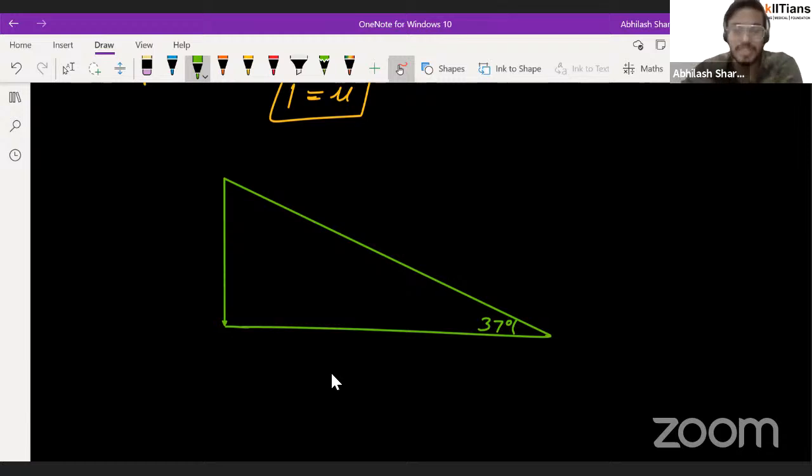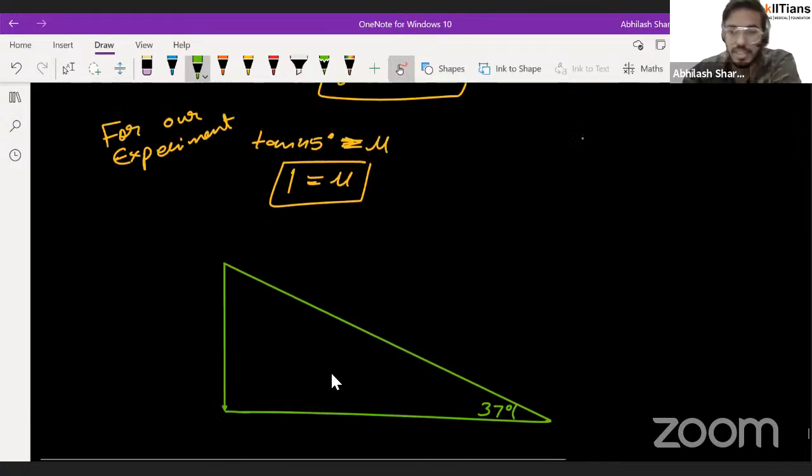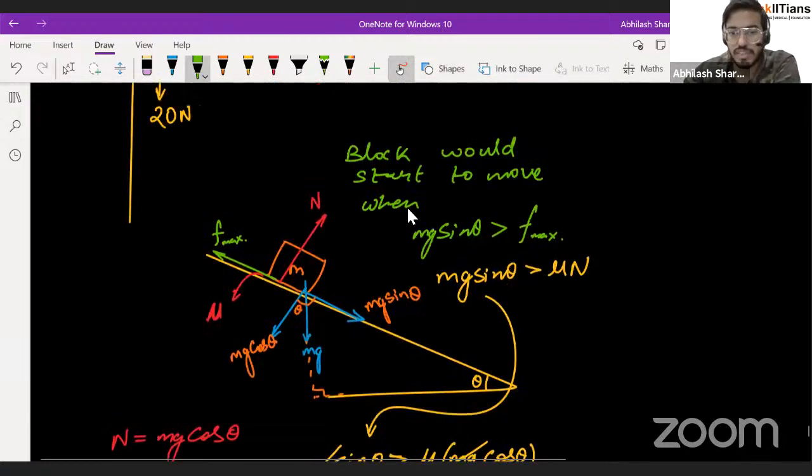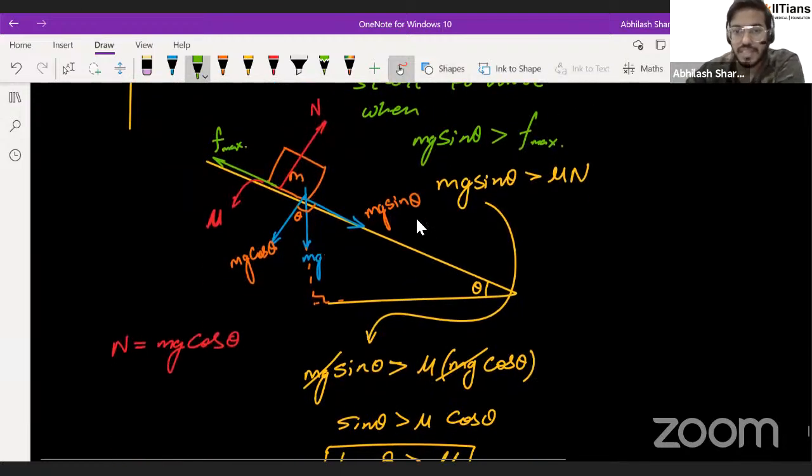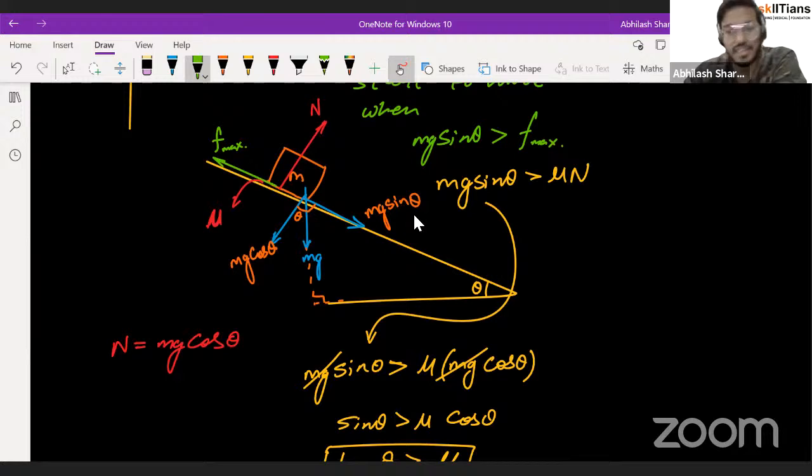Because have you noticed something about the 30-degree and 60-degree angles? Here we'll be using both sine and cos, right? If at 30 degrees sine is half, what is cos at 30 degrees? Root 3 by 2. An irrational number, right? What about 60 degrees?